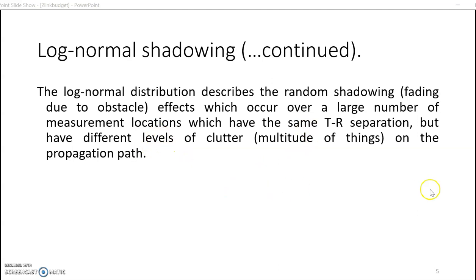So, for the same TR separation, but at different locations, we can measure, having different levels of clutter. Suppose the TR separation is 10 meters, at different locations we can measure. In different locations, different obstacles can be there.